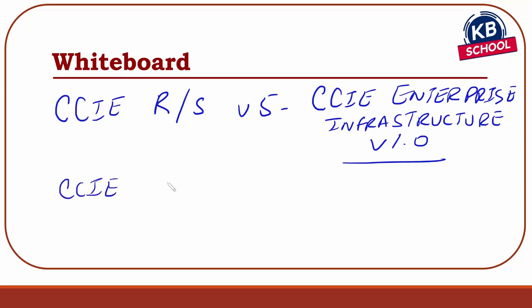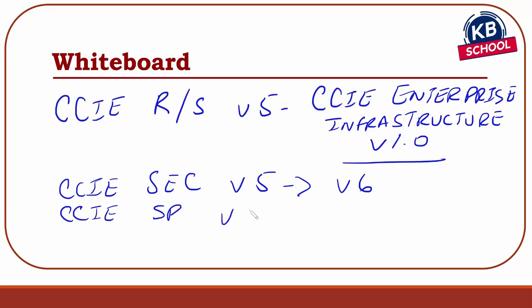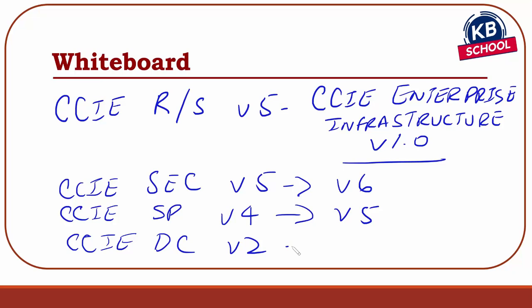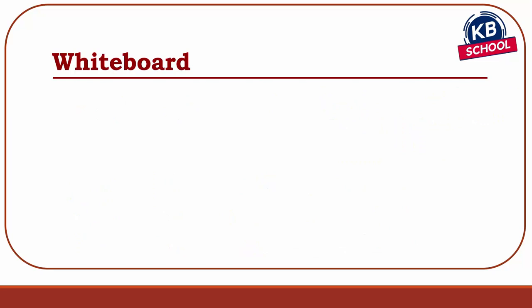CCIE Security goes from V5 to V6. CCIE Service Provider goes from V4 to V5, I believe. And the last one is CCIE Data Center, goes from V2 to V3. My major takeaway in terms of the changes is a couple of things.